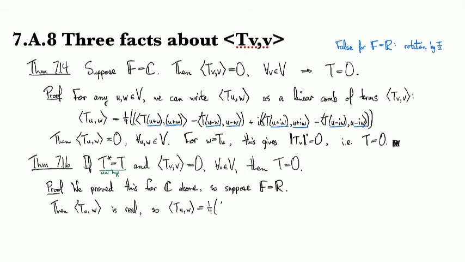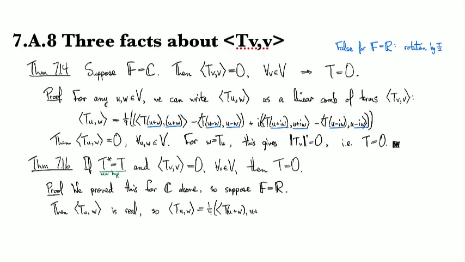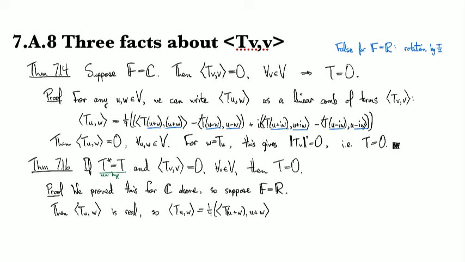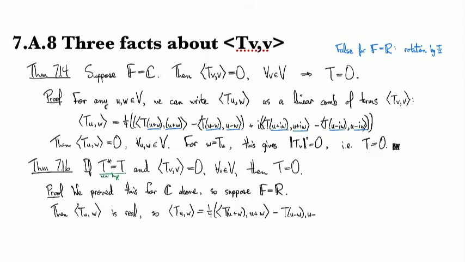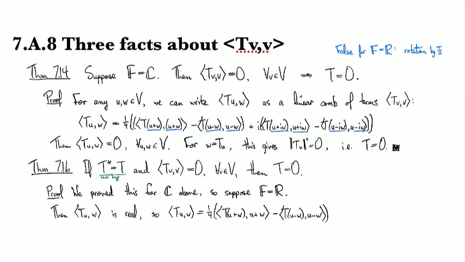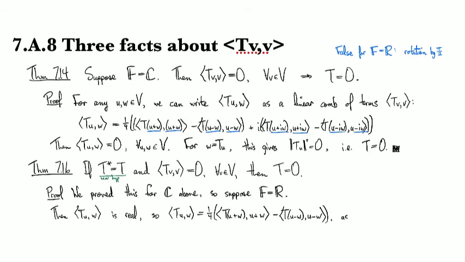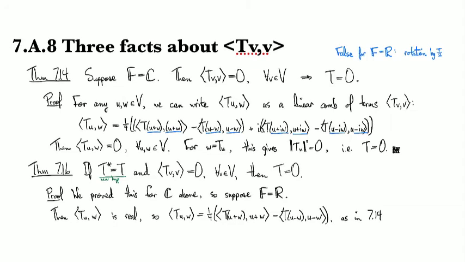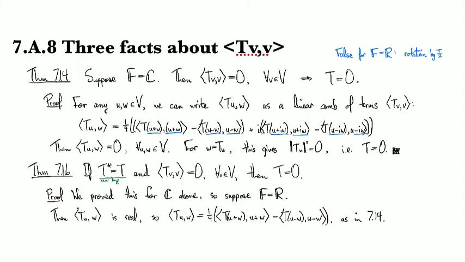So this is TU plus W, U plus W minus TU minus W, U minus W. And then you're probably going to wonder and say, like, well, wait a minute, it looks like it just got simpler. Why did we need the extra hypothesis or anything?